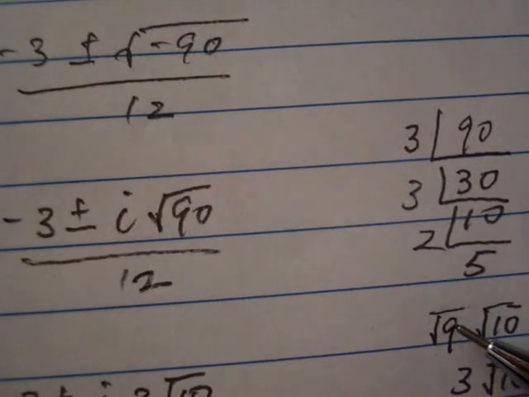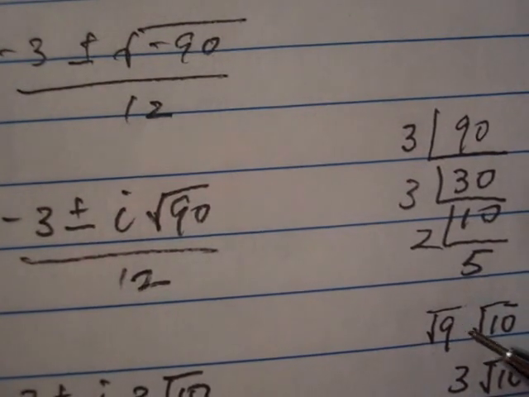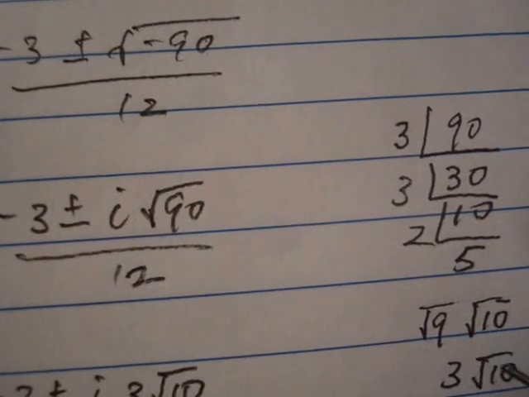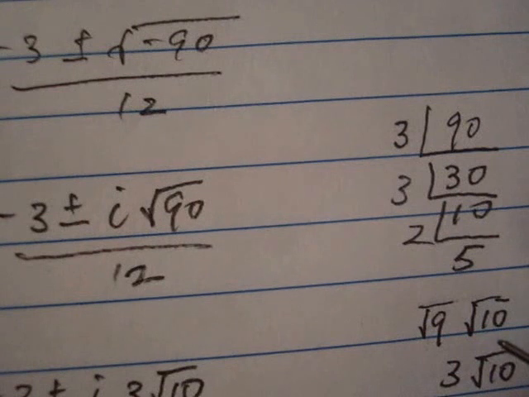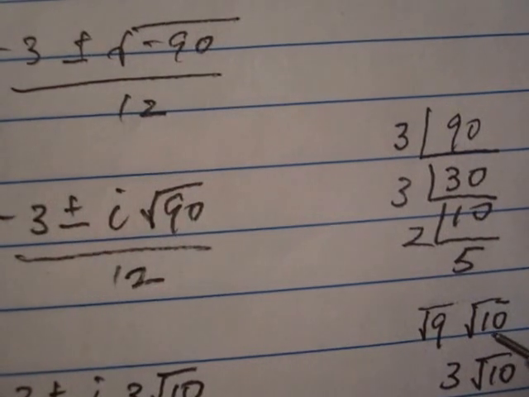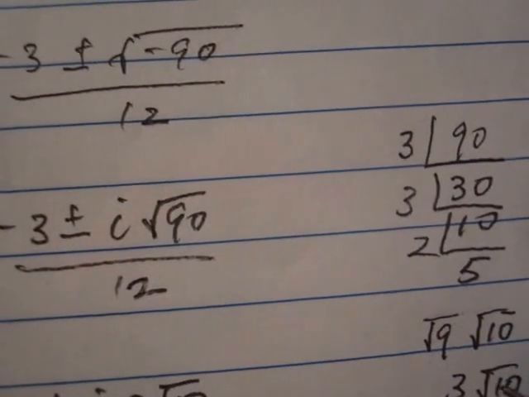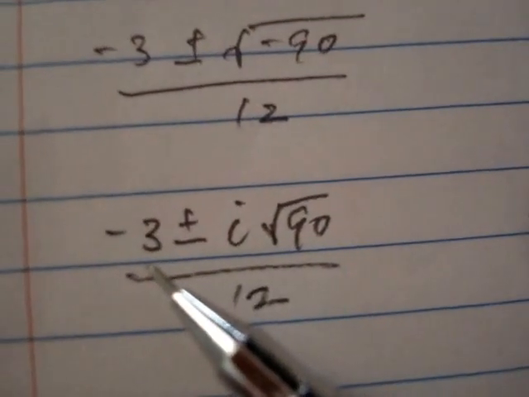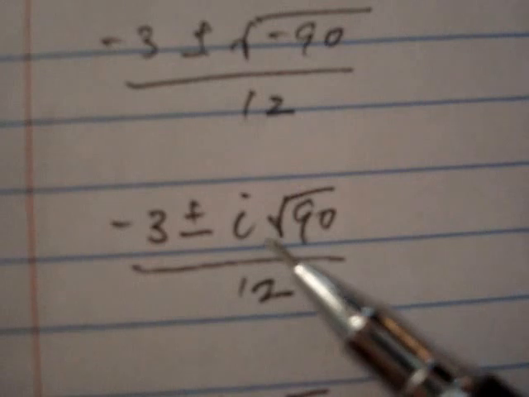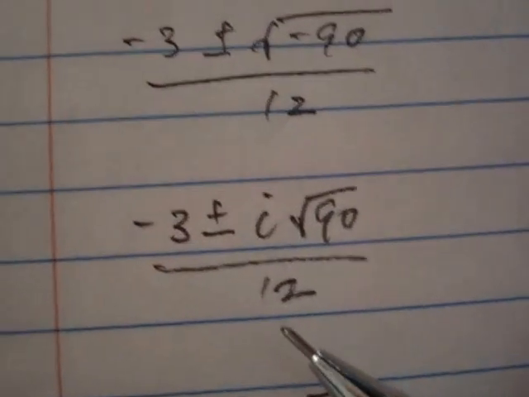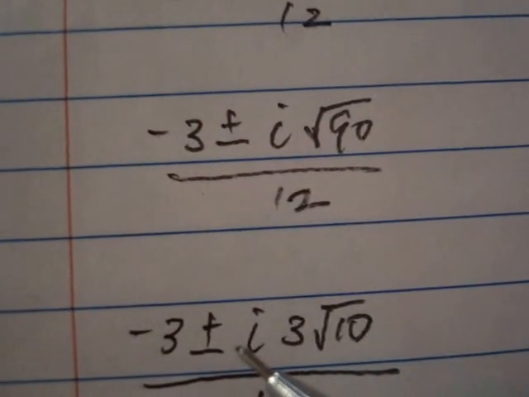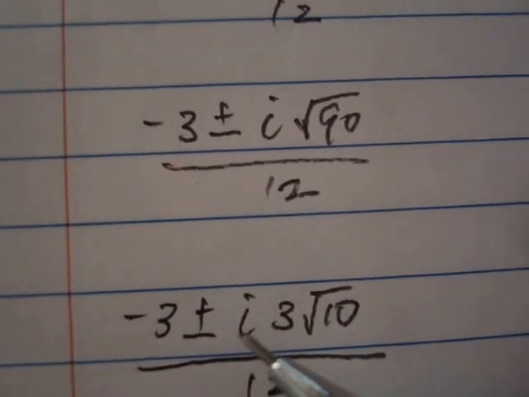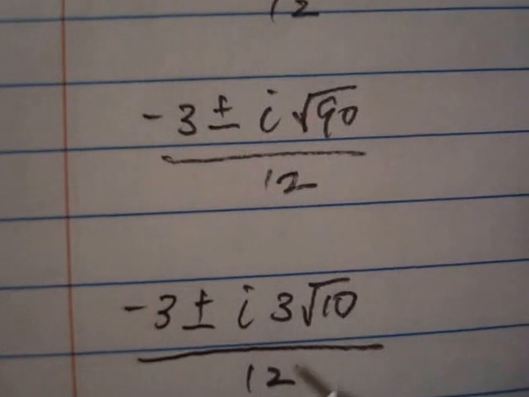So the radical 9 can be reduced further to 3, and the 10 stays the same because you cannot think of any other number that is a perfect square factor of 10. So this negative 3 plus or minus i radical 90 divided by 12 will become negative 3 plus or minus 3i radical 10 divided by 12.